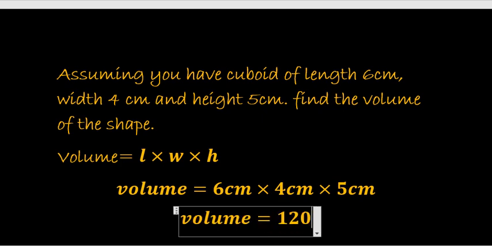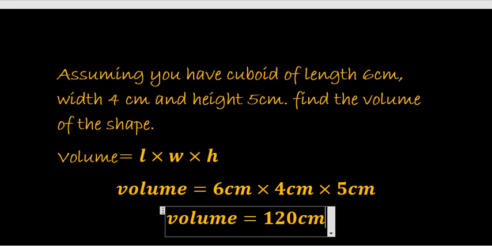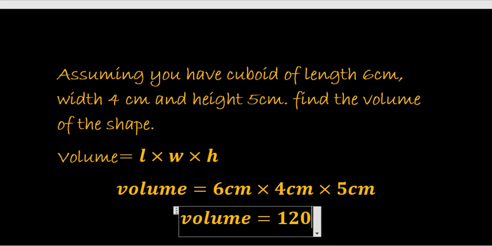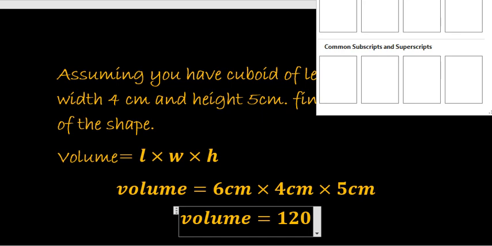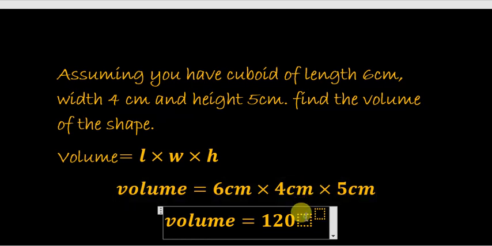So the product of the three numbers is 120. Then we have 120 centimeters. But the centimeters here came three times, so we have to find the power to complete our process.